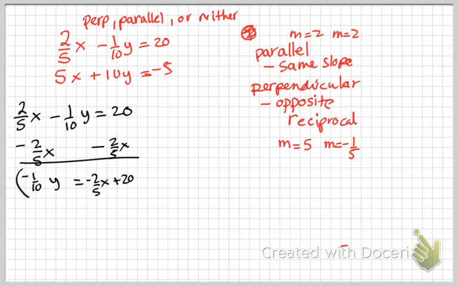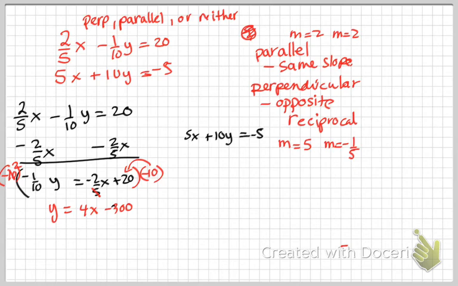Aram? Multiply everything by negative 10. Okay, and we end up with y equals 4x minus 200. It should be 200. I think I erased it.